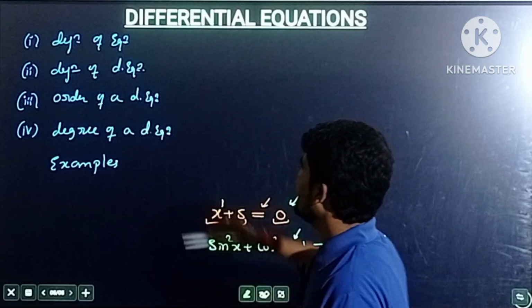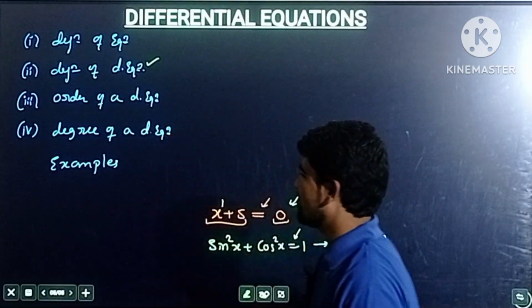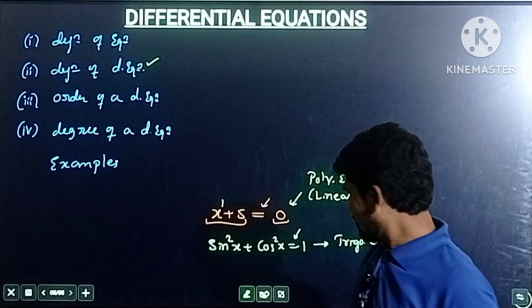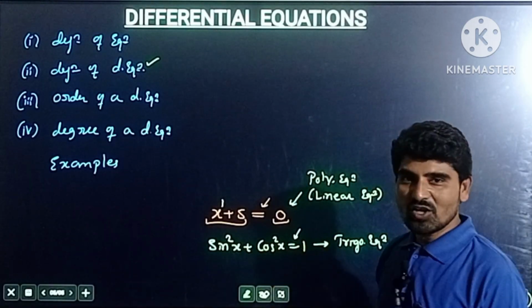And what is the second one? Definition of differential equation. As you know, the trigonometric equation means an equation involving the trigonometric ratios.